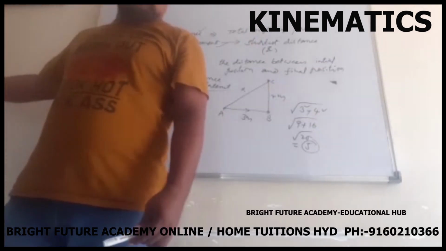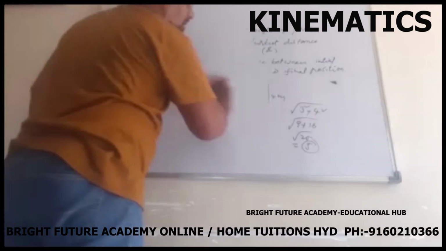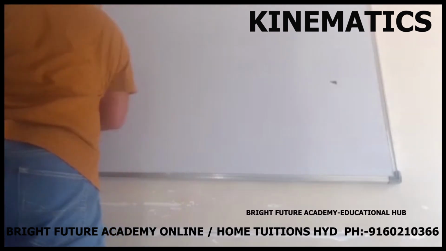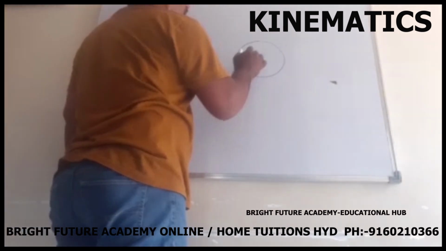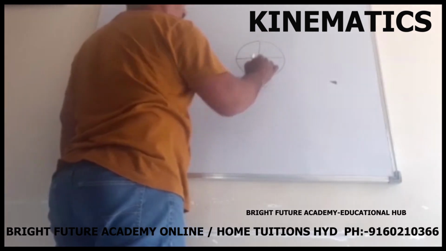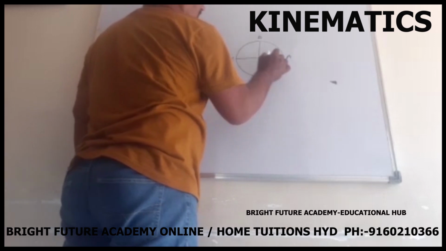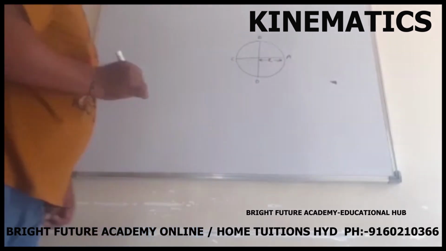Similarly, we have different problems on distance and displacement. So you have to attempt this one. The body is moving in circular motion, A, B, C, D. The radius is R meters.